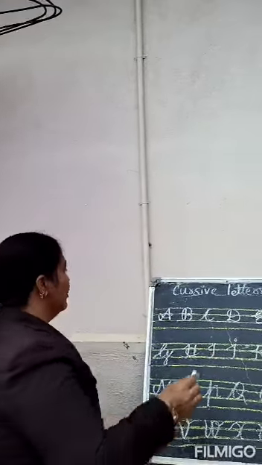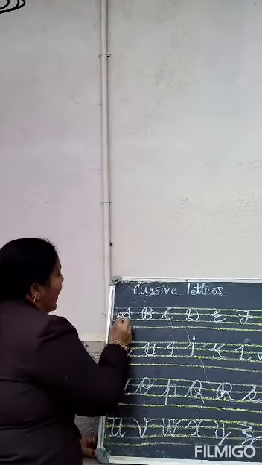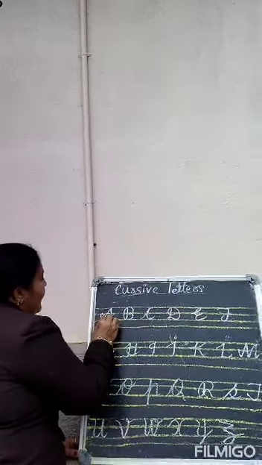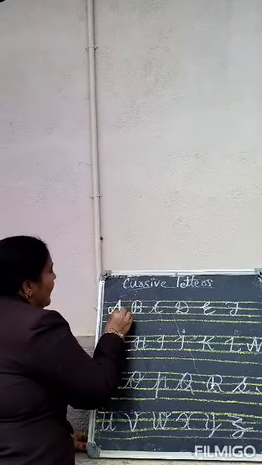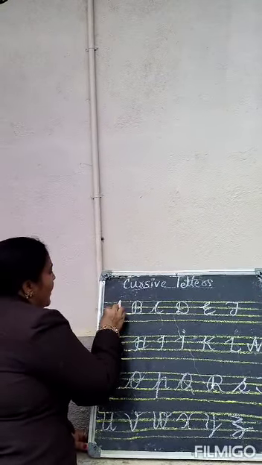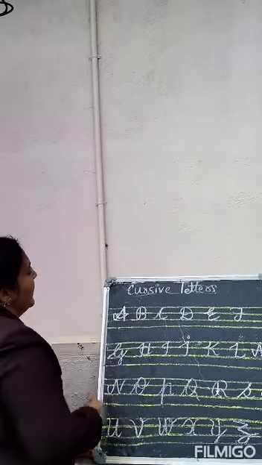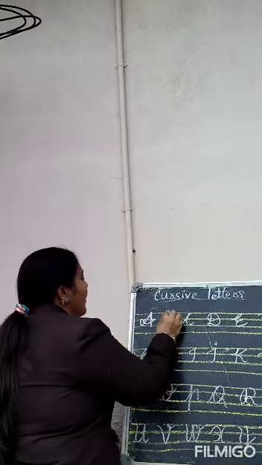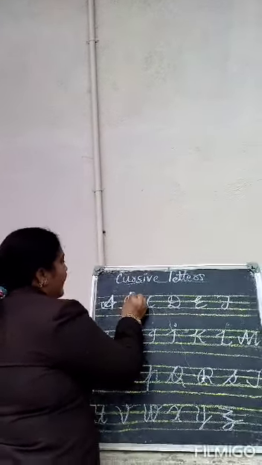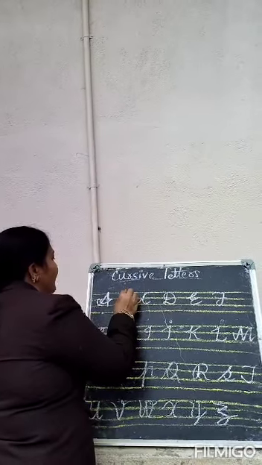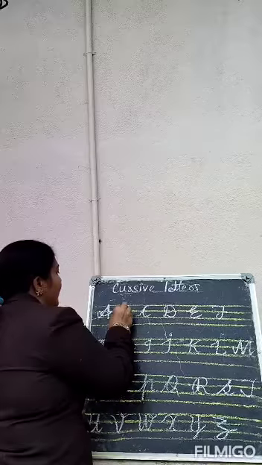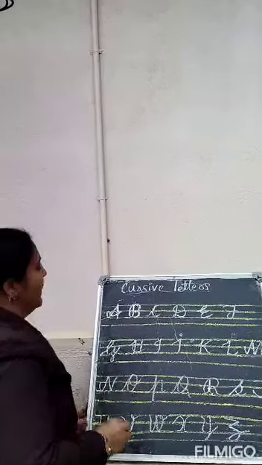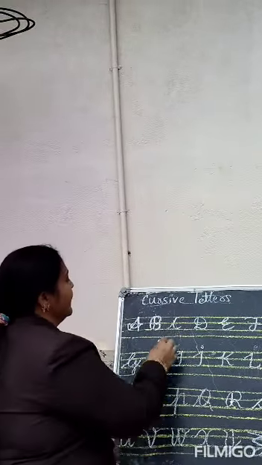So see, now here we have to take from the second line, and then we should go to the upper line, and then we have to come like this, and then we should write capital A. Again we have to come like this, and then we have to write capital B like this.